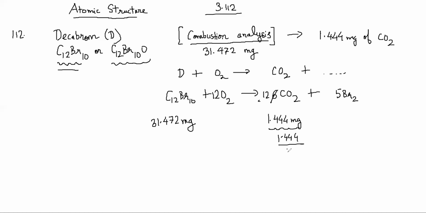1.444 divided by 44, in millimoles, because this was not in grams, this was in milligrams. 44 is the molecular weight for CO2. So these many millimoles of CO2 are formed, then how many millimoles of decabrom should have been there? 1/12, because 1 mole gives 12.